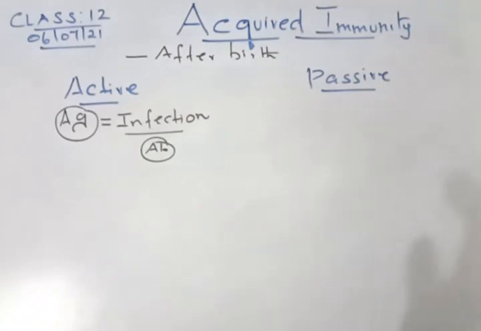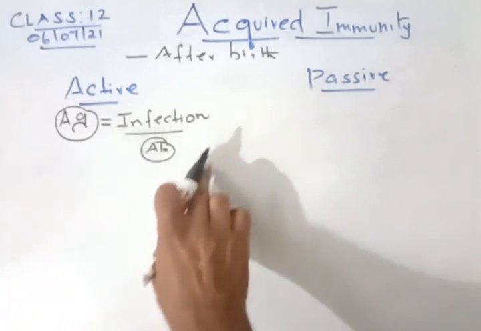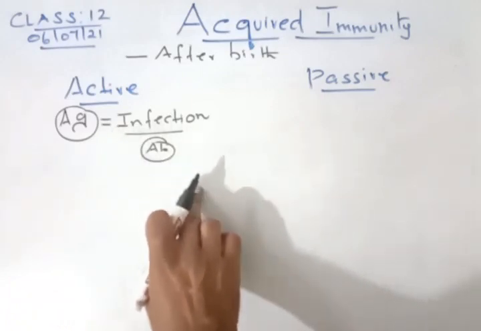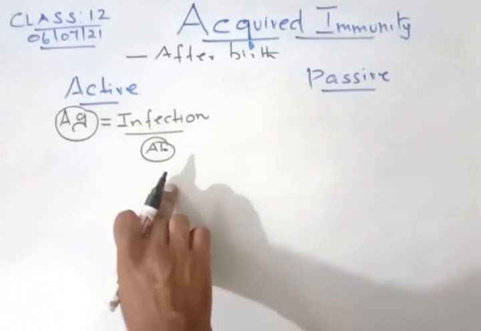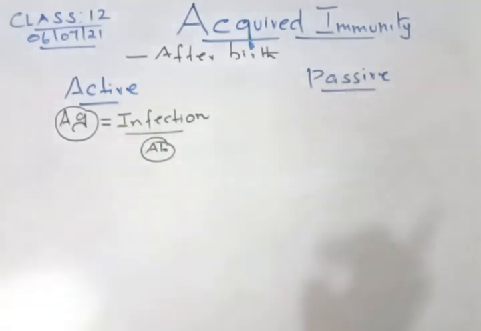That is what we discussed yesterday. So after the antigen is encountered and due to the infection, the antibodies are liberated. This kind of immunity is called active immunity, that is, it is produced actively by the host immune response.